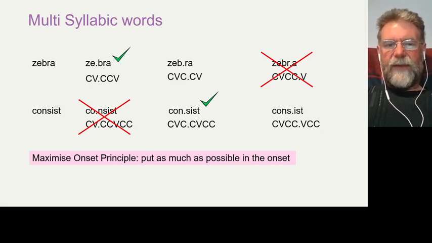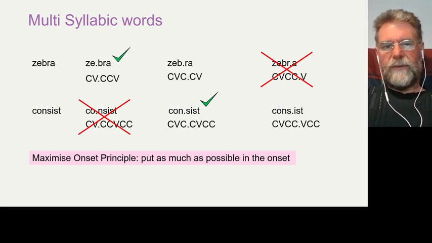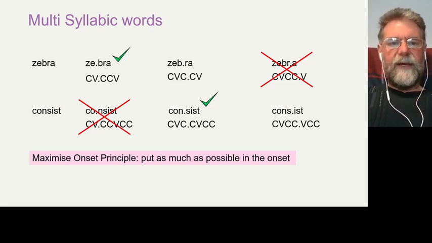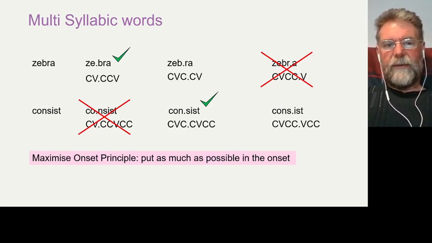That is, if consonants will go into an onset and form a proper onset, then that's where to put them. Given that br is a possible onset, then you put b and r into the onset, and you leave the coda of the first syllable empty. If you put the b in the coda of the first syllable, then you're not maximizing the following onset.